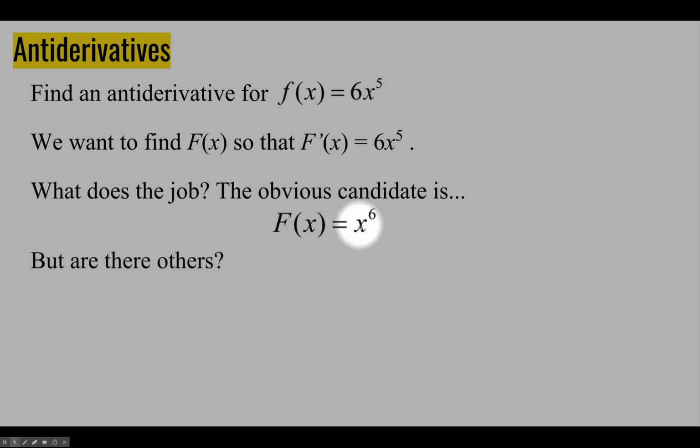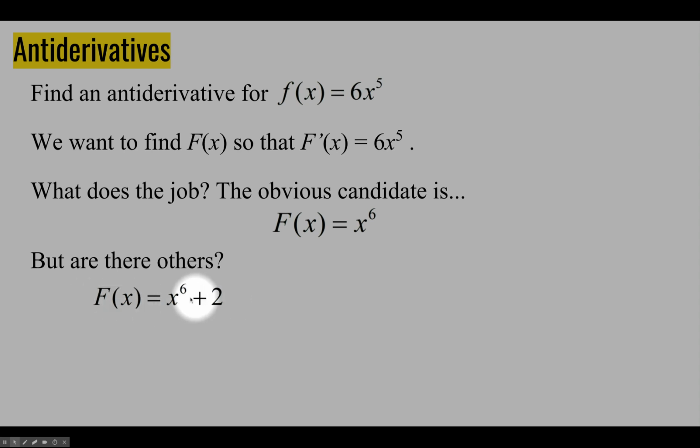But are there others? For example, take a look at this one. Capital F is equal to x to the 6th plus 2. Well, the derivative of this function is 6x to the 5 plus what? The derivative of a constant is 0. So the derivative of this function is still 6x to the 5.